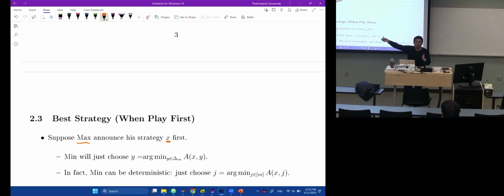She should choose the strategy with respect to X so that the expected payoff is minimized. So in particular, Min should just respond to X, exploit this information about X. Min should choose Y such that it's the argmin of A(X,Y).